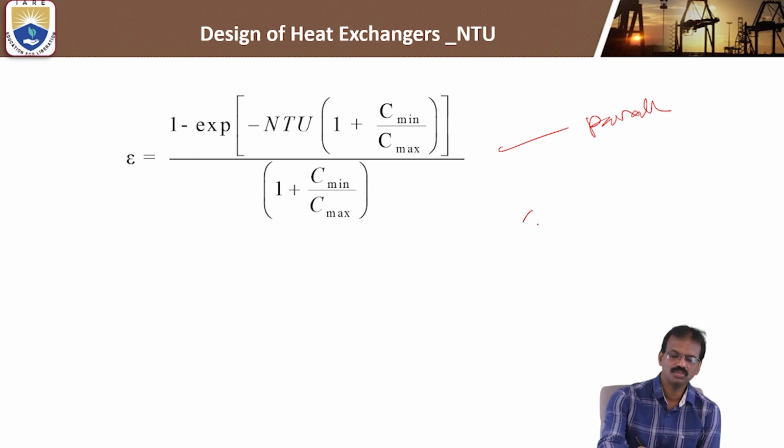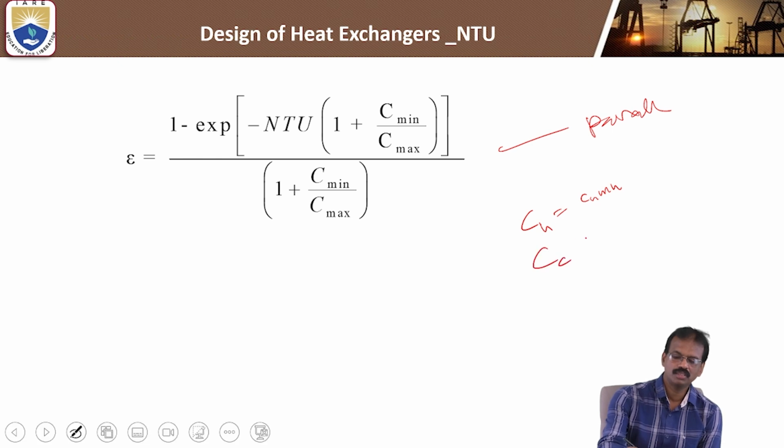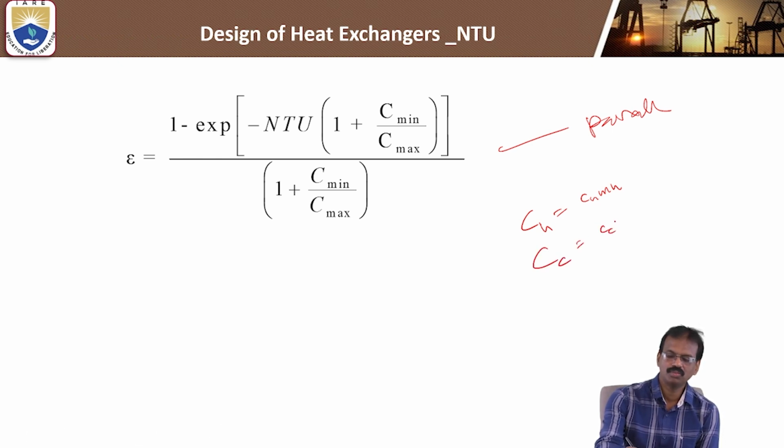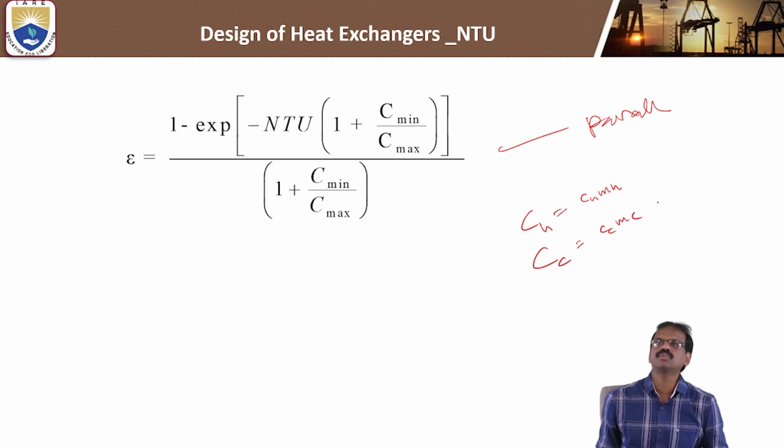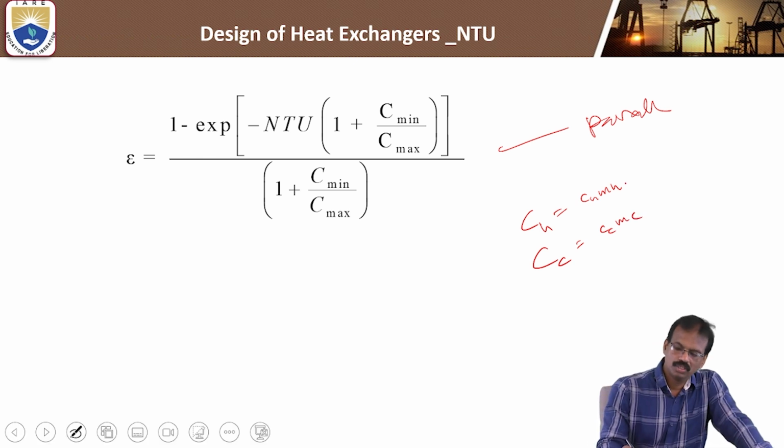C is nothing but the mass flow rate into specific heat. You know this: for the hot fluid, C_h is the hot fluid mass into specific heat, and for the cold fluid, C_c is the specific heat into the mass of the cold fluid. These values will be given.